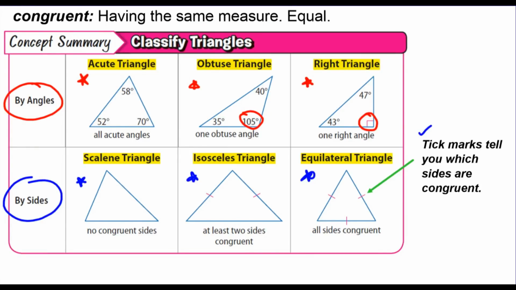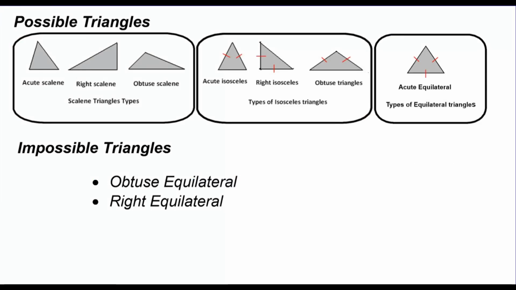So we can have combinations of these types of triangles. And so here is a list of all the possible triangles you could ever create. Every triangle you ever draw will fit into one of these 7 types of triangles. There are 3 types of scalene triangles, 3 types of isosceles triangles, and only 1 type of equilateral triangle.